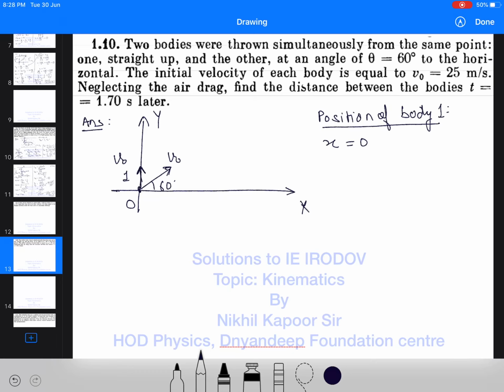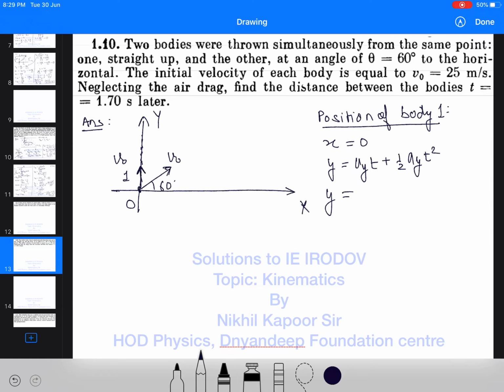The x coordinate of body 1 will always be 0 because it is thrown upward, so its motion will be strictly along the y axis, and in the y direction it will be equal to ut plus half at square.